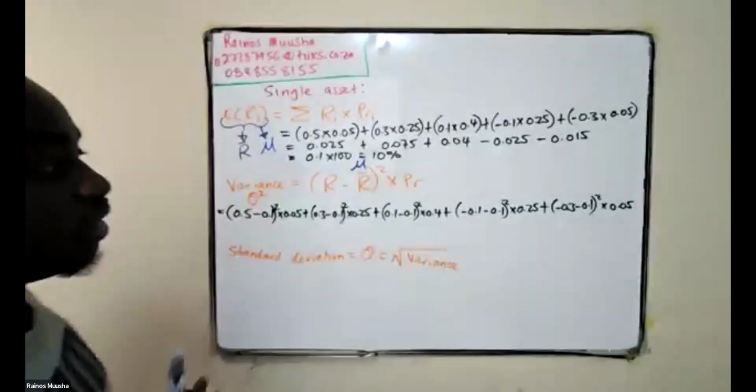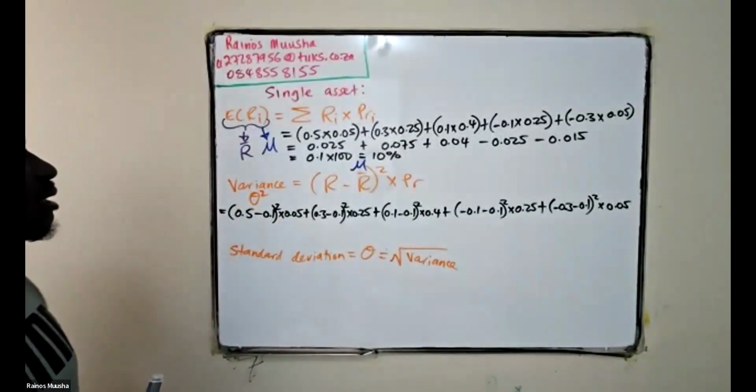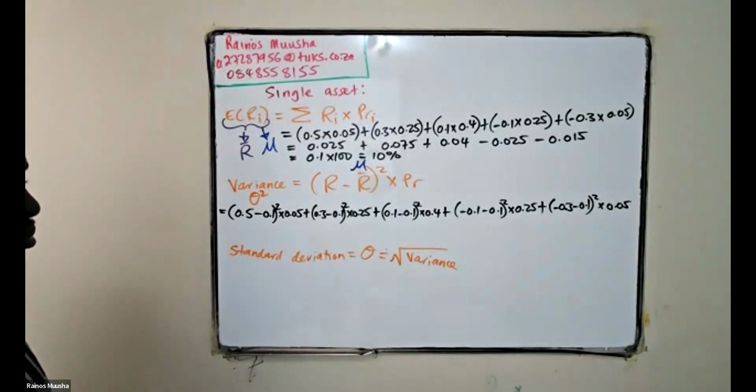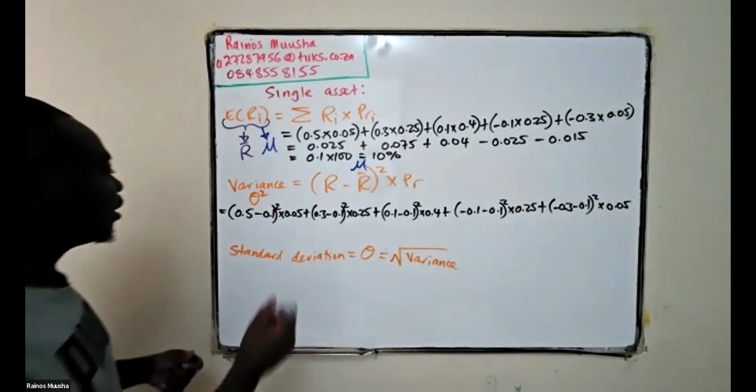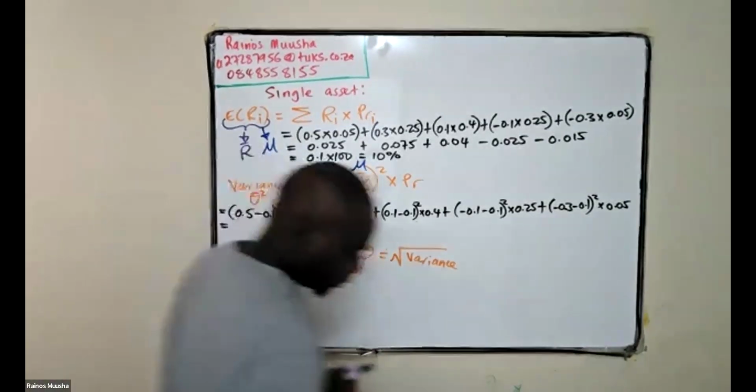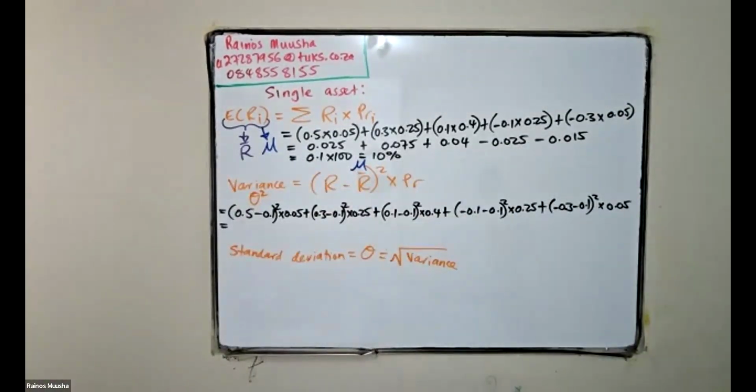So given this information, we can now determine the variance, because we use the variance to determine the standard deviation. So given this information, how much would you get as your variance?